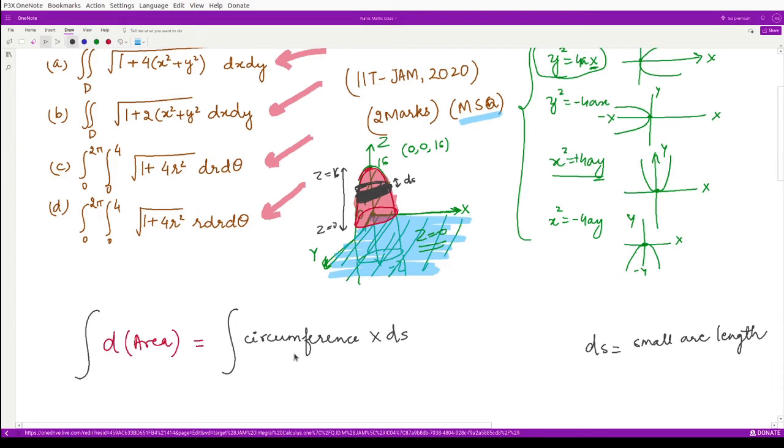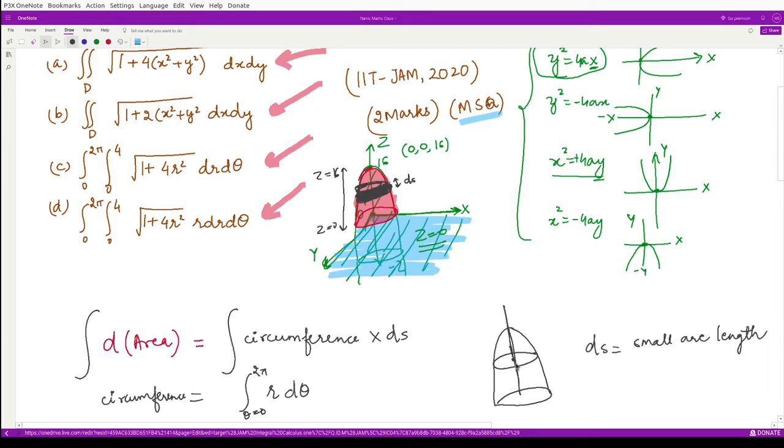Now what is the circumference here? The circumference C is equal to r into d theta, and the limits of theta vary from 0 to 2 pi. How? If you take this shape and draw a circle like this, it would have its center on the z-axis, right?